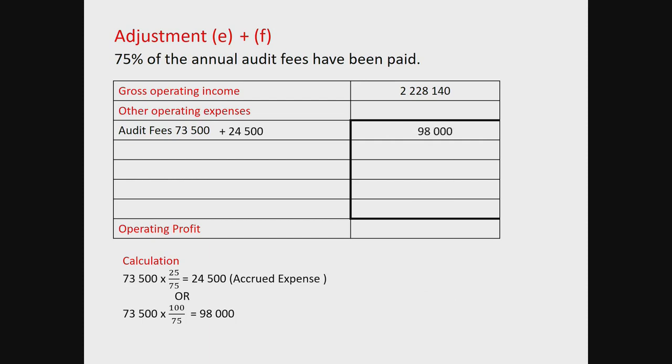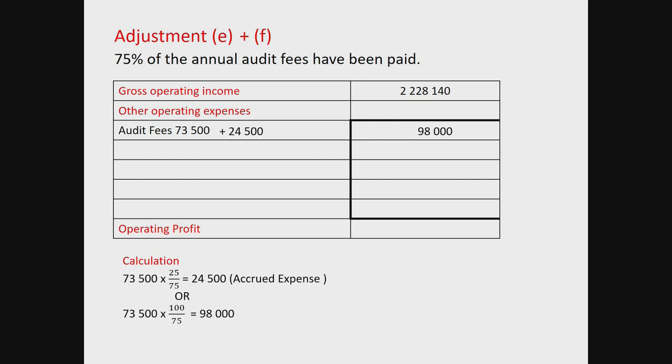then I get 98,000. At the bottom of the calculation, it also shows an alternate calculation. You could have taken the 73,500 times 100 divided by 75, and then you get the answer in the income statement, which is the 98,000. Then you can go and calculate the 24,500 that was accrued.